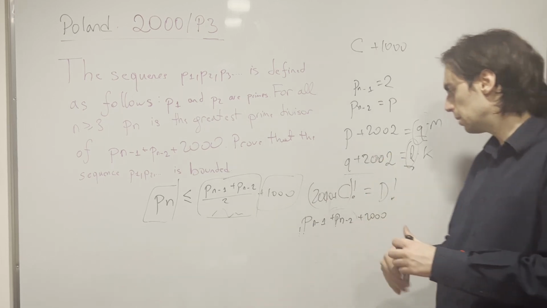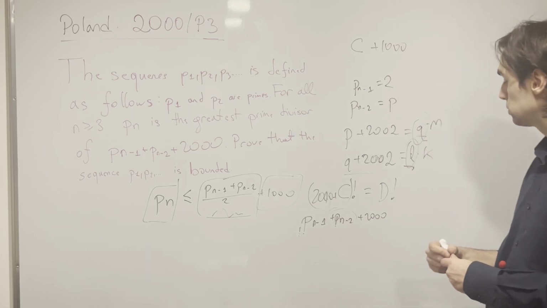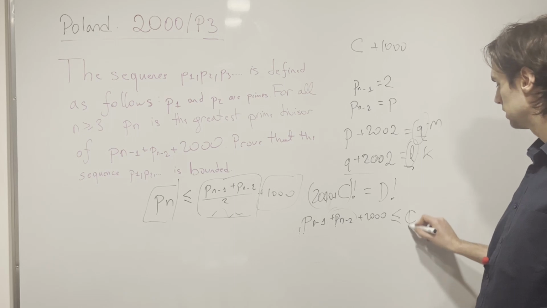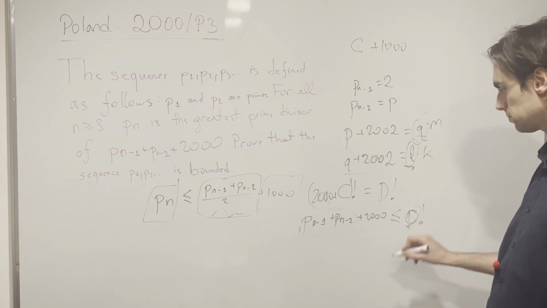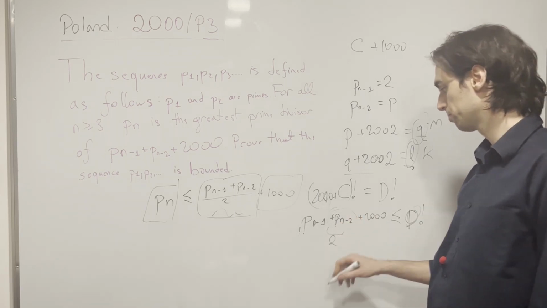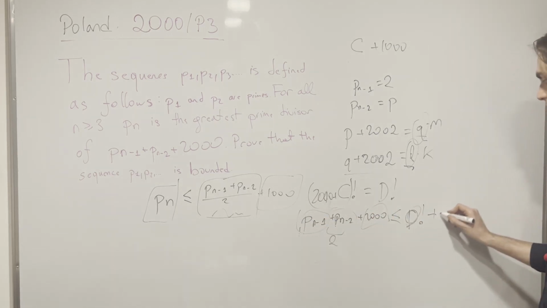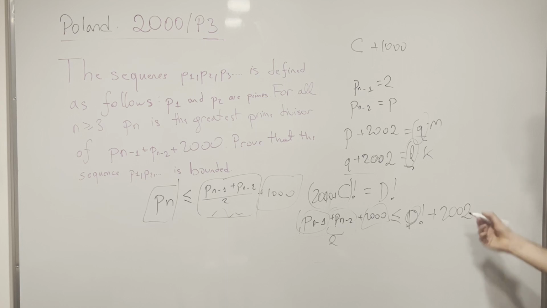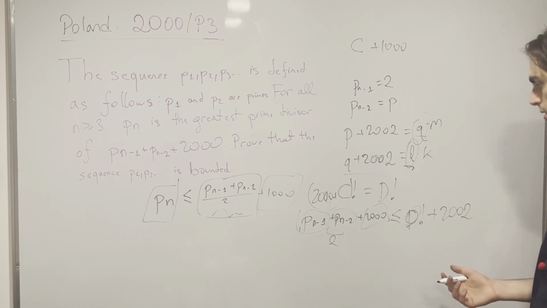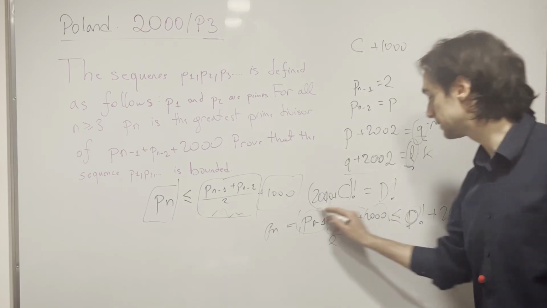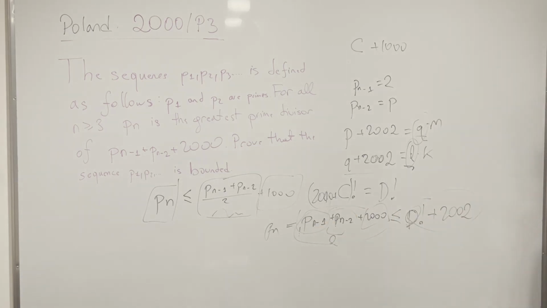And even if we have an even number, we know that this will be less than or equal to D factorial. Say this is equal to 2. Then we have P plus 2002. Then this is going to be less than D factorial plus 2002. This Pn, we know this is less than D factorial plus 2002.